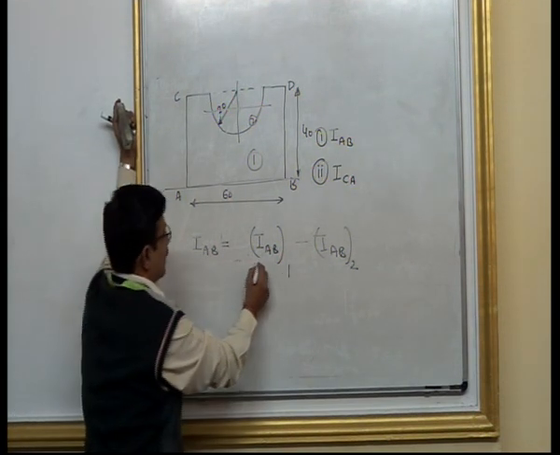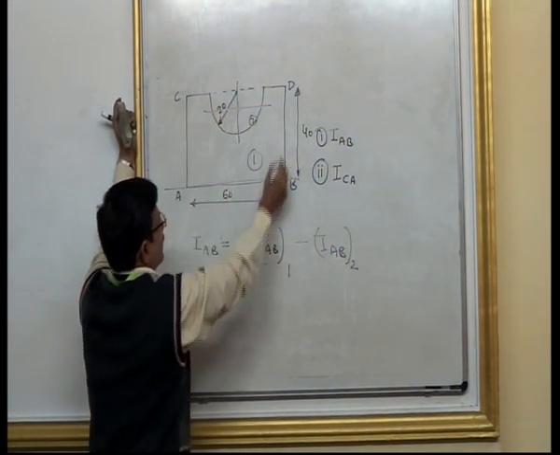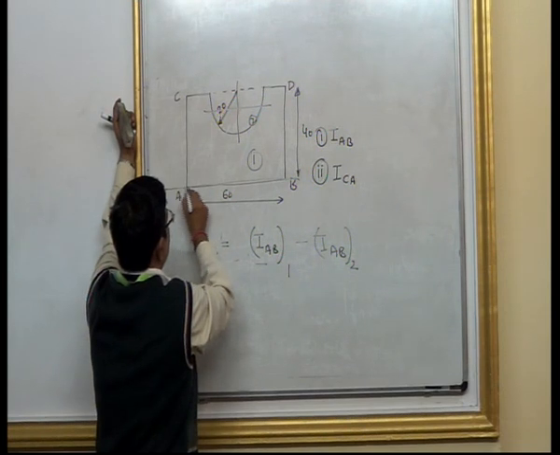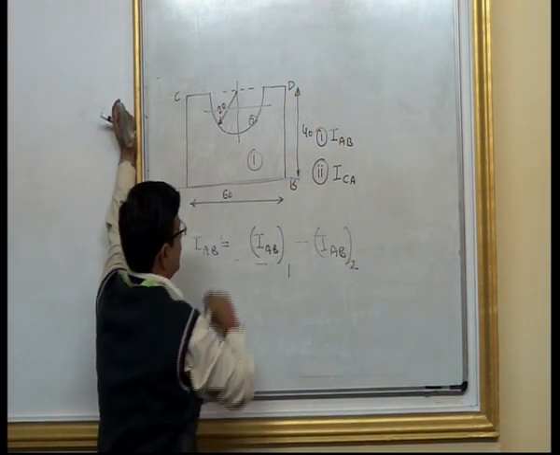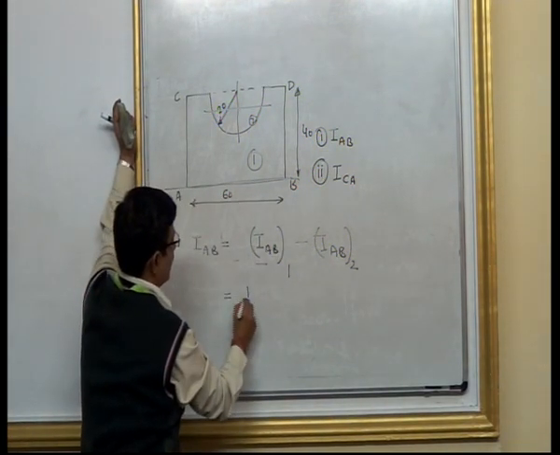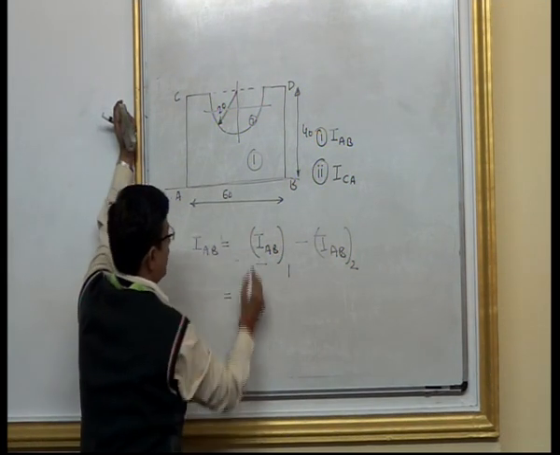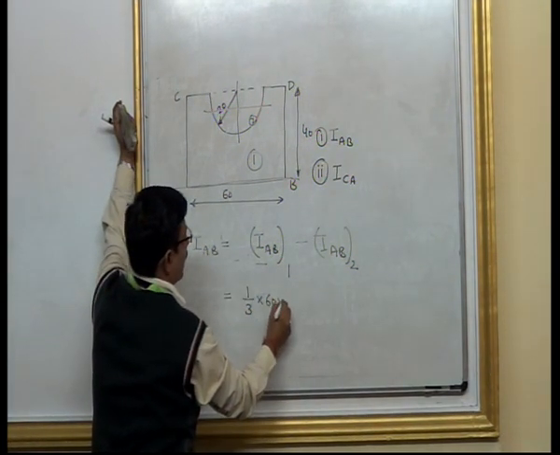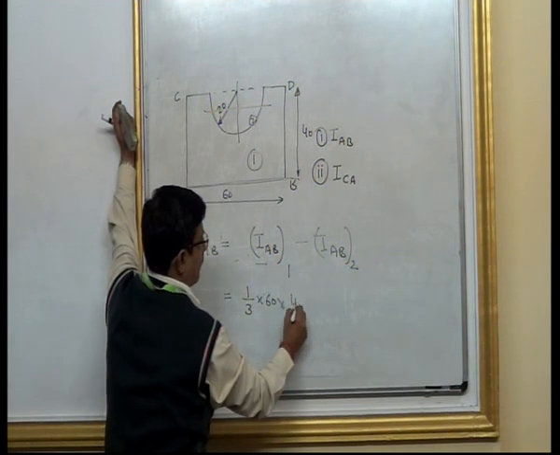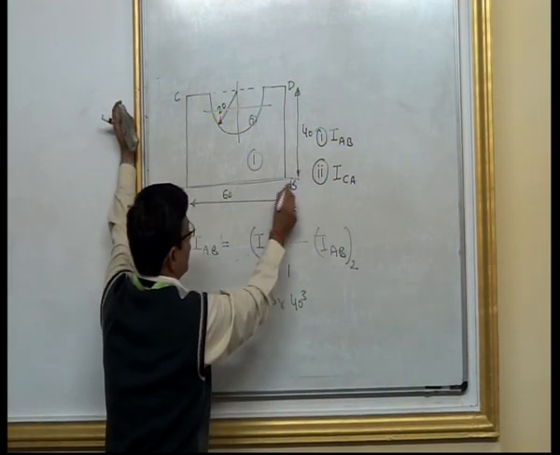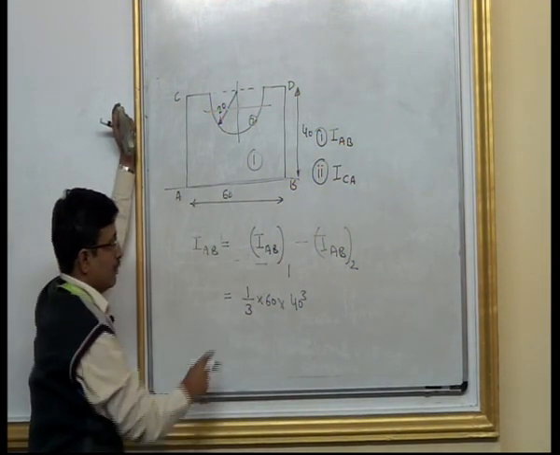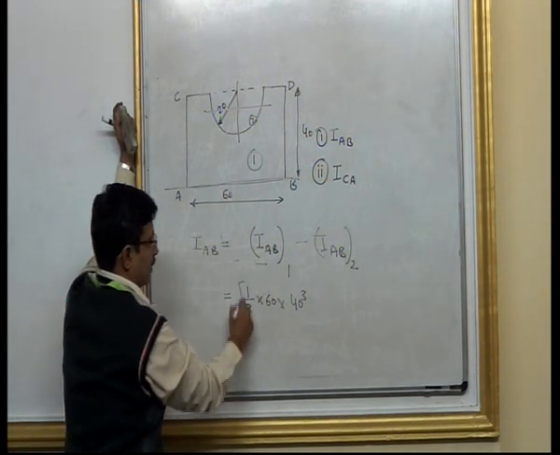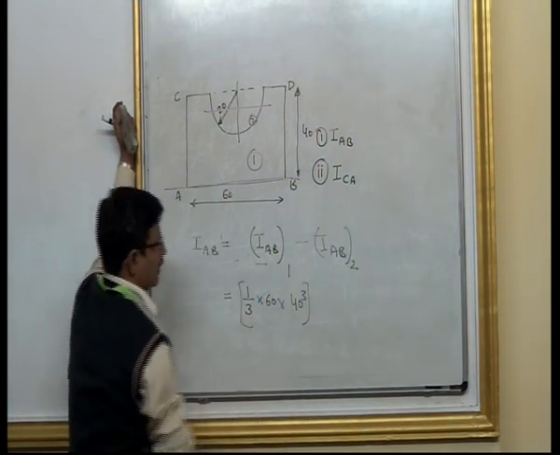Now for the rectangle, we are taking the moment of inertia about one of the edges, so this is going to be 1 by 3 B h cube. This is about the side, not about the centroidal axis, so we can use the formula directly.